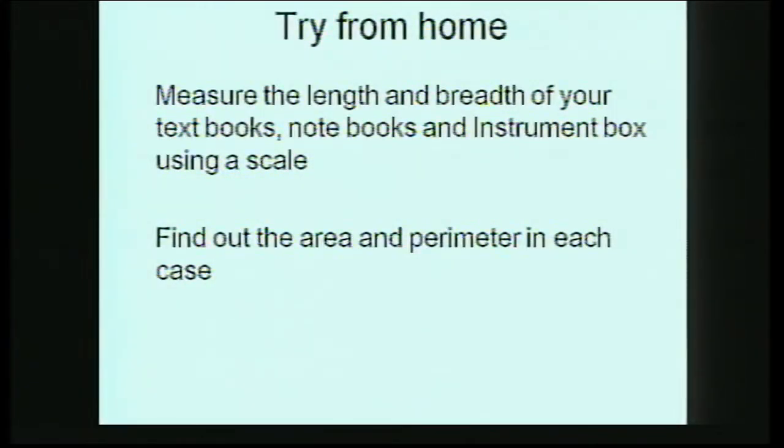Measure the length and breadth of your textbooks, notebooks and instrument box using a scale and try to find out its area, perimeter, etc. That side may be 0.3 or 0.5, decimal numbers, and you can have lots of exposure in multiplying, adding, even subtracting decimals. That type of activity you can do from your home, so that you can improve your mathematical ability.